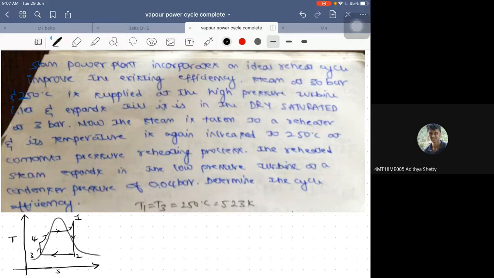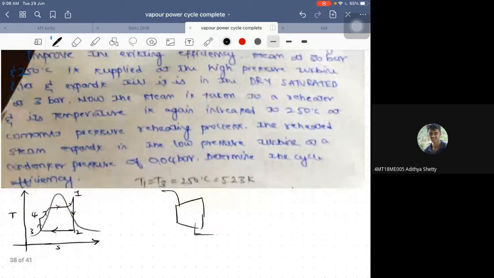Okay, so in reheating, what you are doing is, as I've just explained, there will be a turbine. Whatever expansion happens in one turbine will be sent to another turbine. So there would be two stages of expansion.